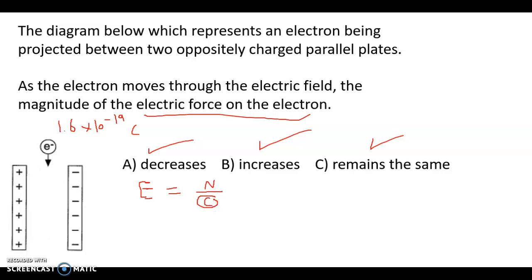That means the force remains the same. Since they both do not change, the electron charge will remain 1.6 times 10 to the negative 19, either here or here. So it remains constant. Newton remains constant as well. Force remains constant. That means the right answer is C.